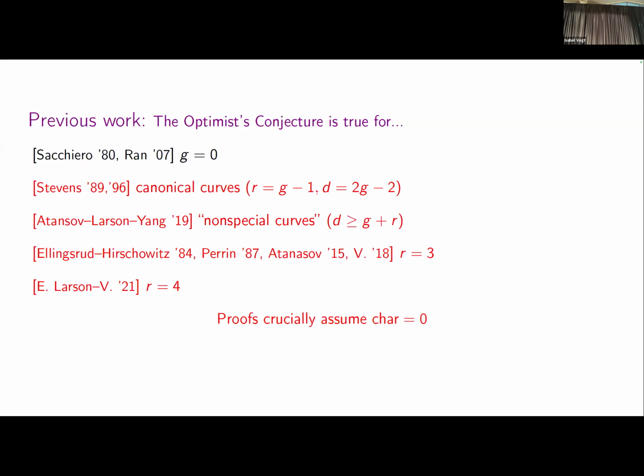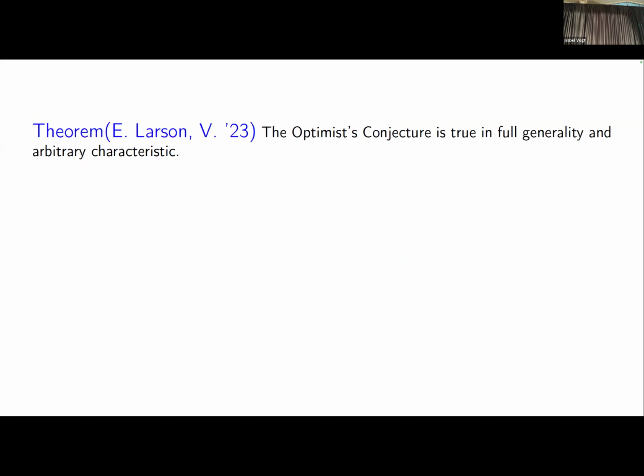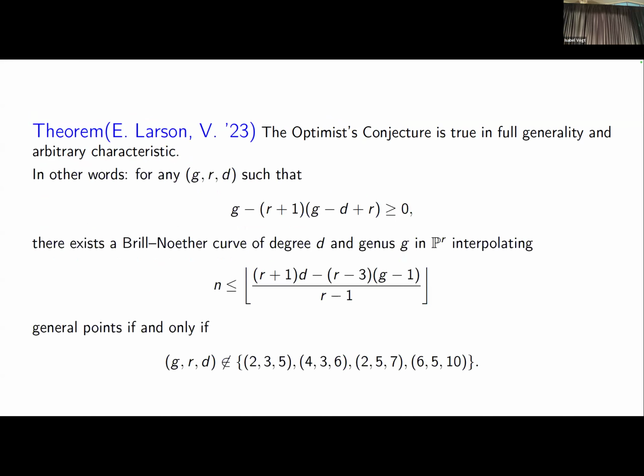So the main theorem I'd like to tell you about today is that the optimist's conjecture is true in full generality and in arbitrary characteristic. Explicitly, for any tuple of invariants G, R, and D such that the Brill-Noether number is greater than or equal to 0, there exists a Brill-Noether curve of degree D and genus G in R-dimensional space, interpolating the expected number of general points, (R+1)D − (R−3)(G−1), over R−1, if and only if it is not exactly one of these counterexamples.